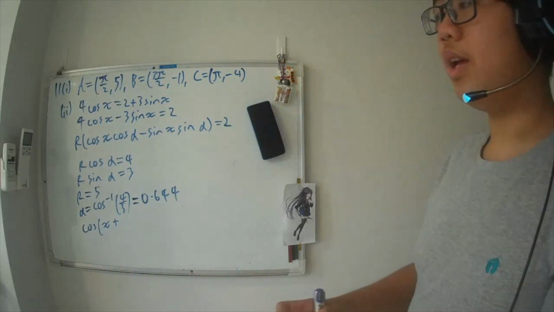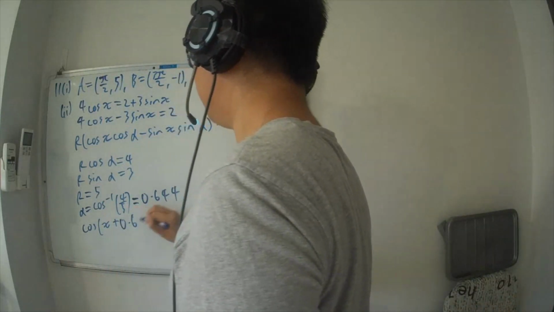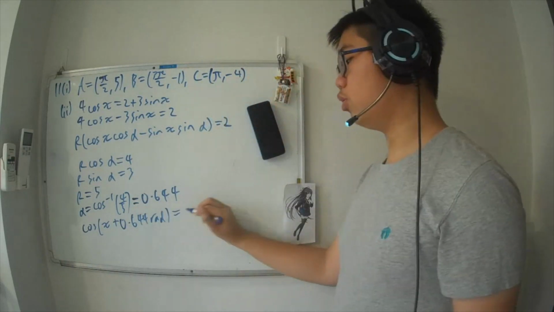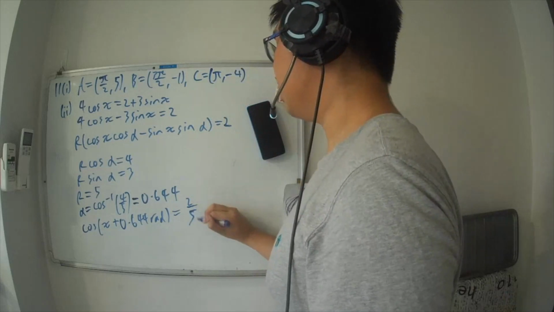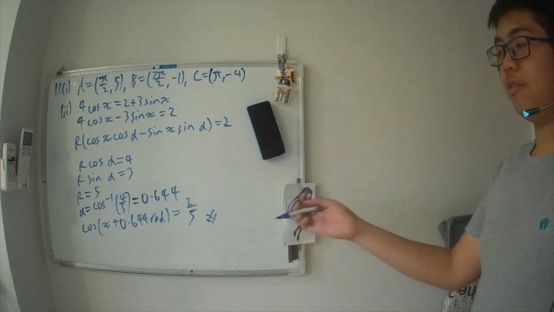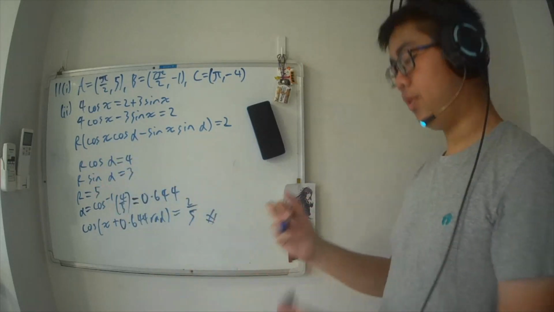So cosine (x plus 0.644 radian) is therefore equal to 2/5. So this is kind of like your R formula, but we change it a little bit. We want R to be 1.